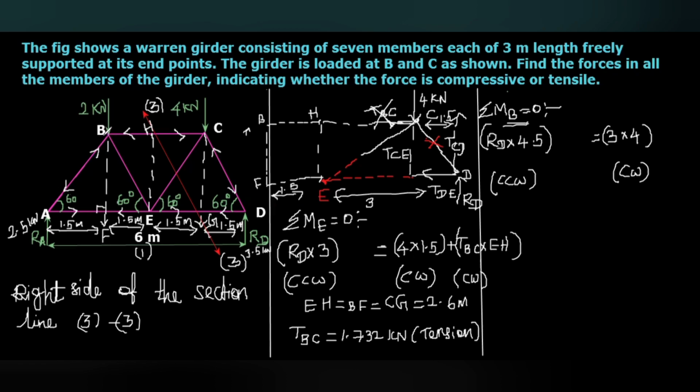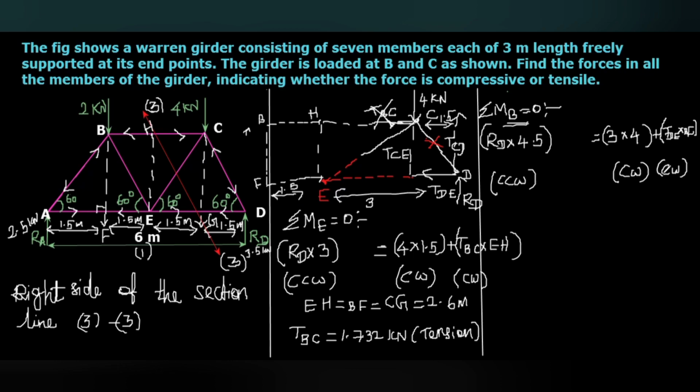Okay. TDE multiplied with that is the vertical distance BF. So TDE multiplied with BF. We know the value of TDE and we know the value of BF, the vertical distance, that is 2.6 meter.